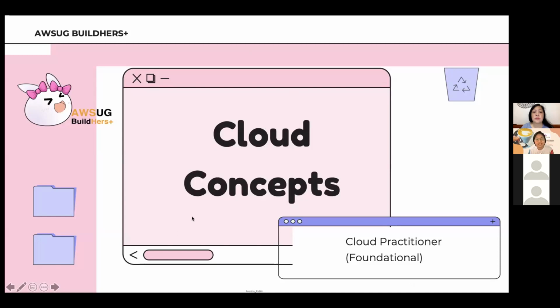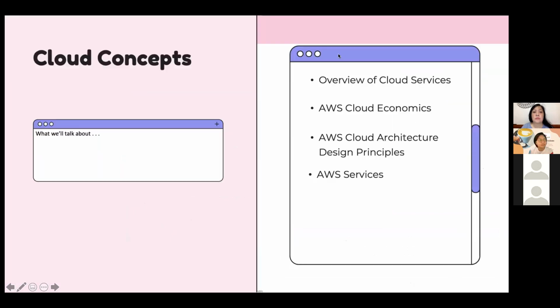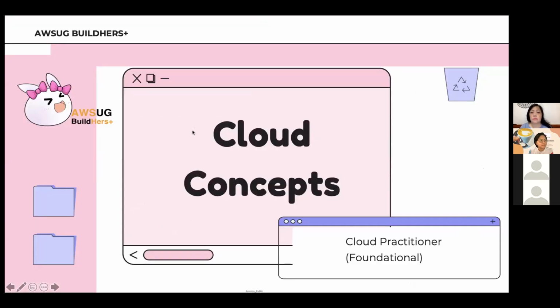Naka-present mode, hindi. Okay na yan. So, tapos na po ba? Okay.